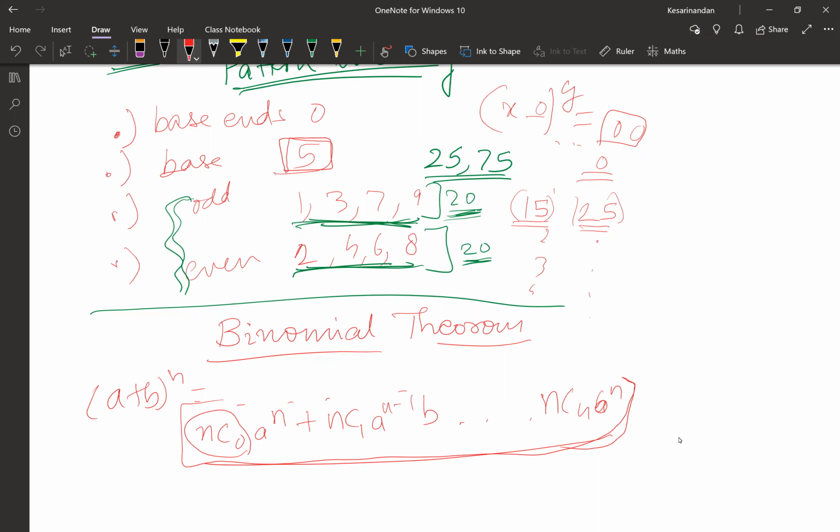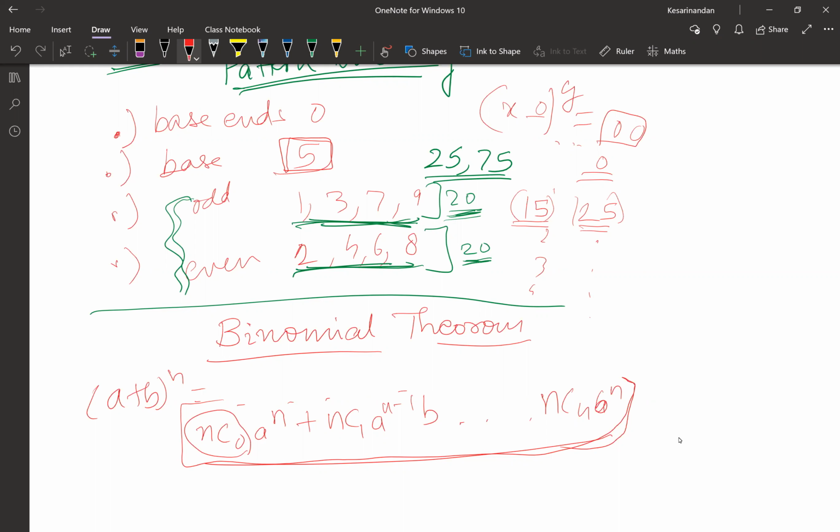Which term? First term. Okay. And how many terms will not be divisible by a? No, I asked how many terms will not be divisible by a? 1. And that would be? Last term. Perfect. Everybody understood this part? Yes. Okay. Perfect then.